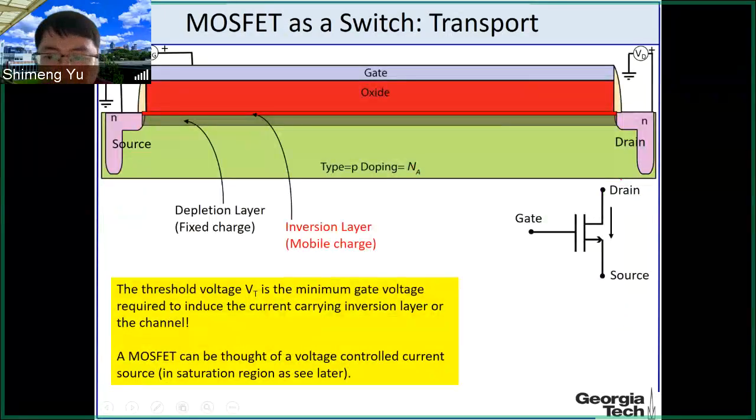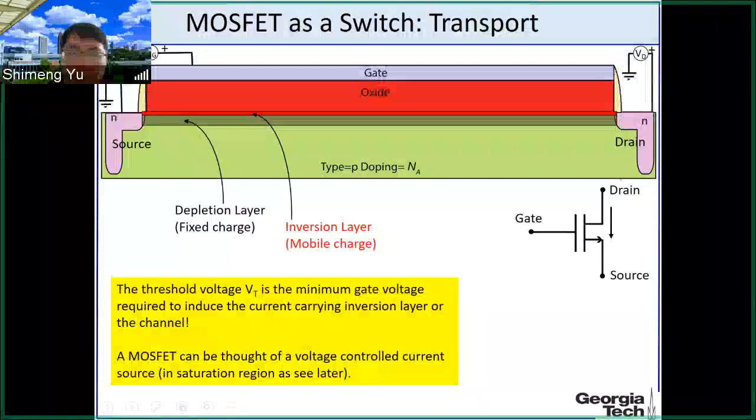Okay, so you may wonder why the left-hand side is source and right-hand side is drain. Actually, this is not always true. So what matters here is the voltage potential. If you look at the MOSFET structure, let's use this circuit symbol to represent the MOSFET.